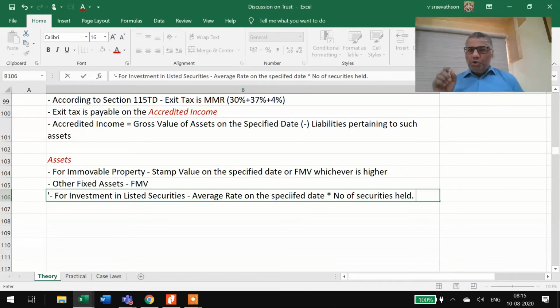Okay, so in the market, what is on that date? Lowest plus highest divided by 2 will give you the average rate on the specified date, into securities held.